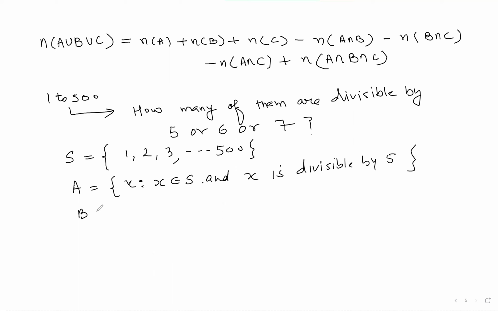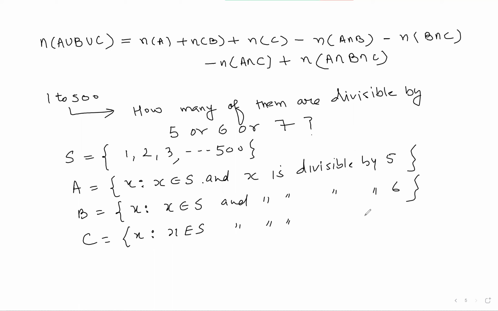Let us define B as X such that X belongs to S and X is divisible by 6. C is X such that X belongs to S and X is divisible by 7.